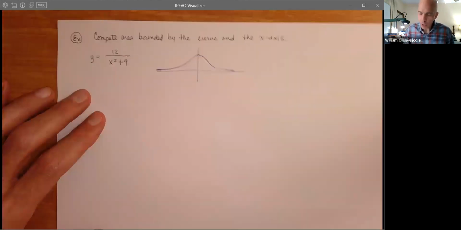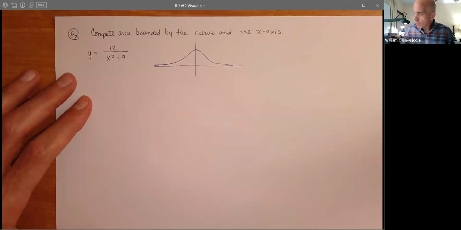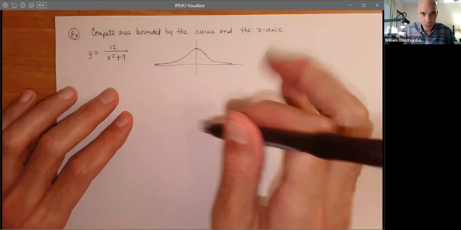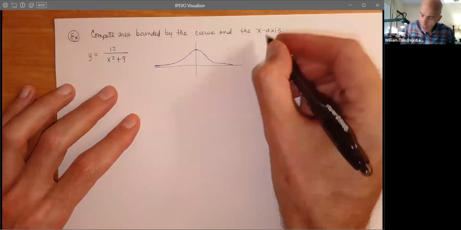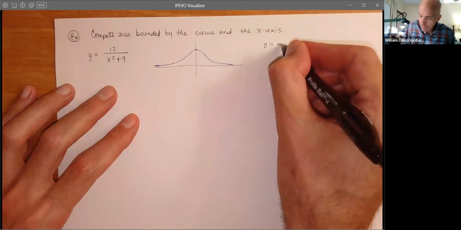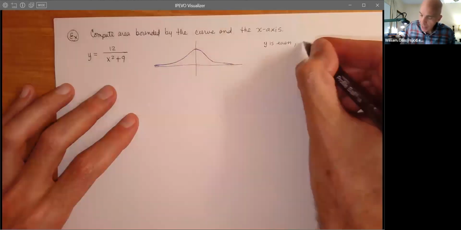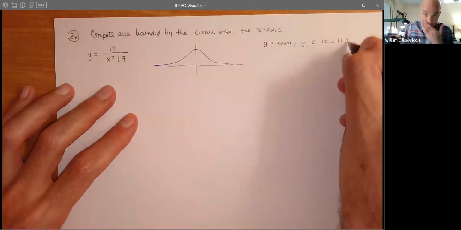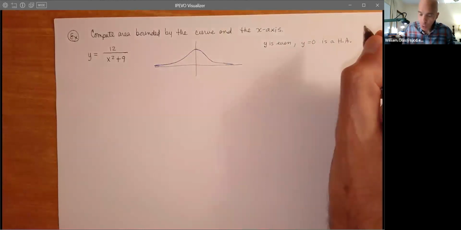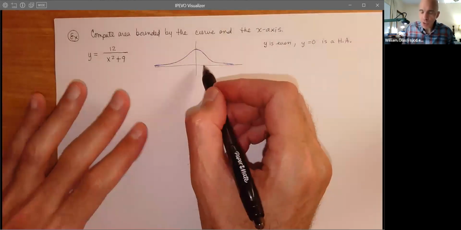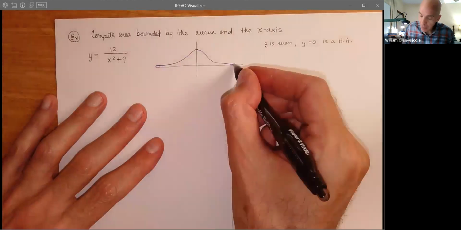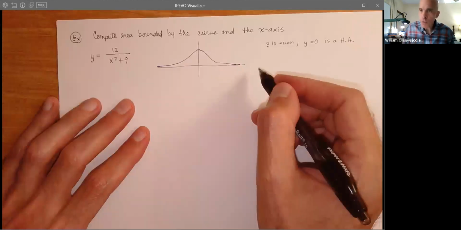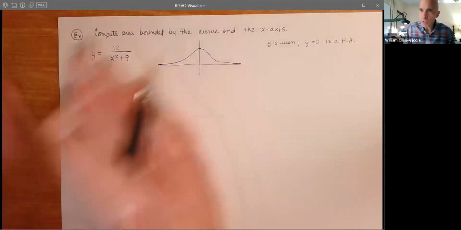We have a nice symmetric curve. So in this problem, you're thinking, well, that's improper because when we look at this function, not only do we see y is even, but also that y equals 0 is a horizontal asymptote. That's just pre-cal. And so this is necessarily improper because we want the area bounded by this curve and the x-axis, and the curve is infinite. We're not chopping it off, so to speak.